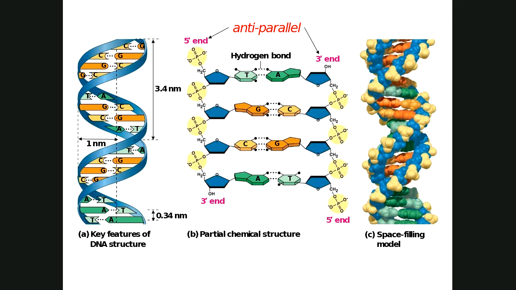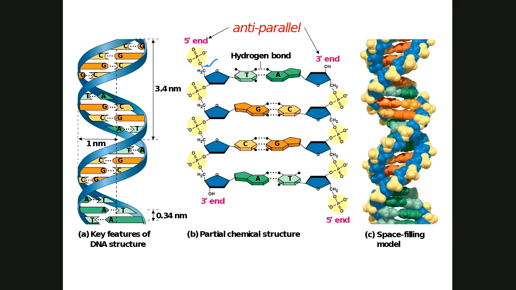What we mean by a 5' end and a 3' end on one strand, and a 3' end and a 5' end on the other, is the way the two ladders are hooked up. On one of the ladders, the top rung, it's the number 5 carbon that is exposed. The number 5 carbon would actually be this one right here. That's the last carbon in the chain as you move up the chain.